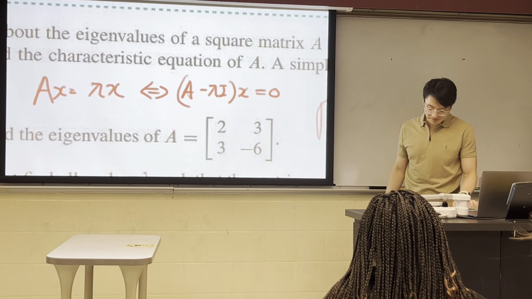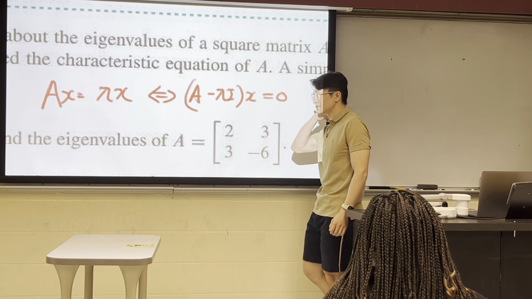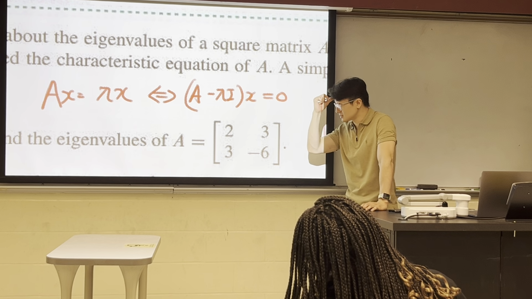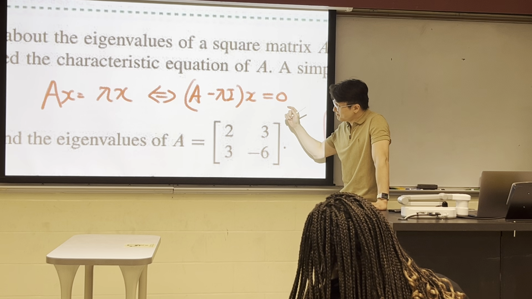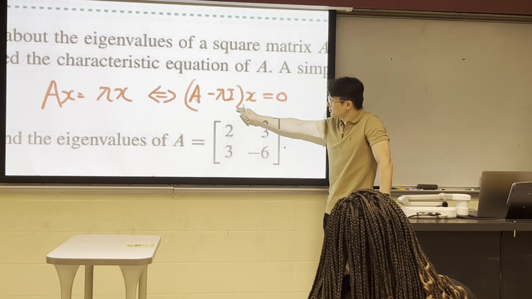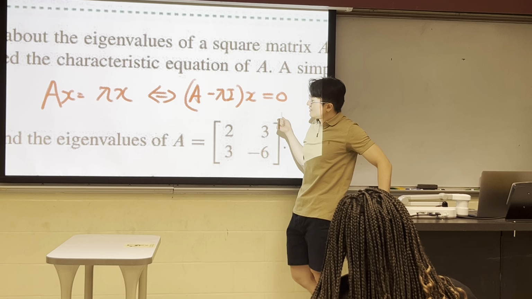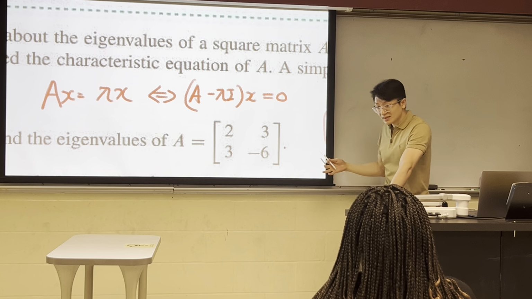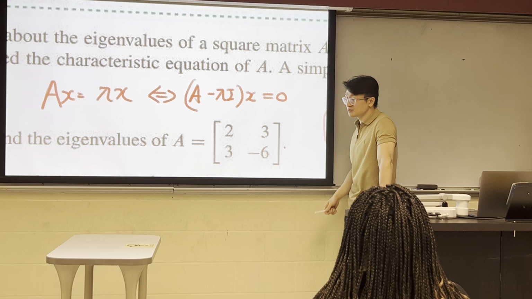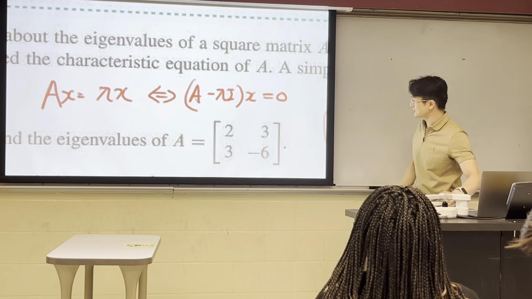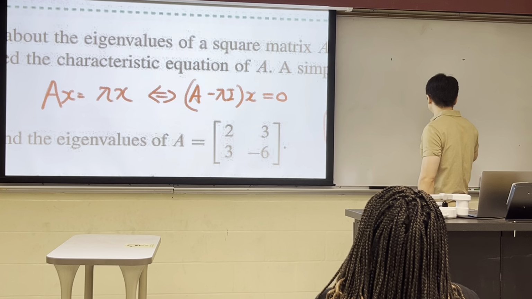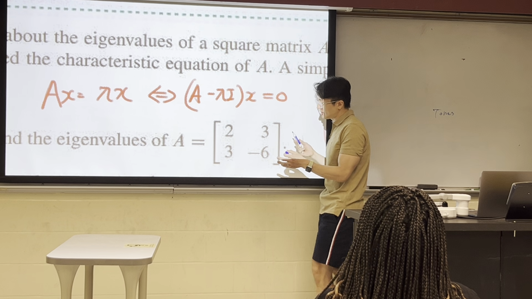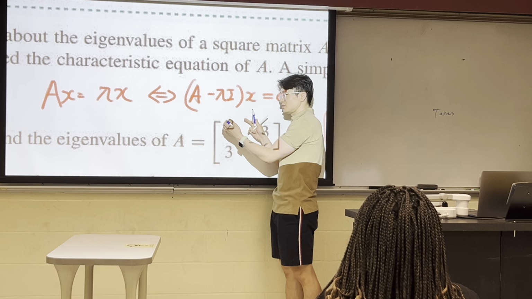Back to the chapter when we learned invertible matrices. In order to have an eigenvalue, what is the condition we had yesterday? A non-trivial solution. I want to have a non-trivial solution.